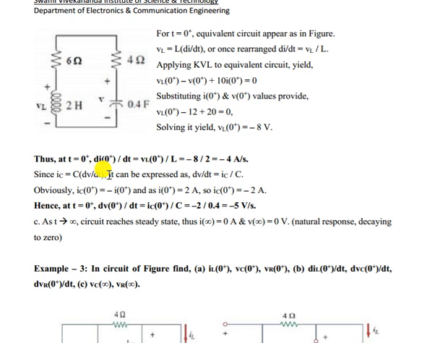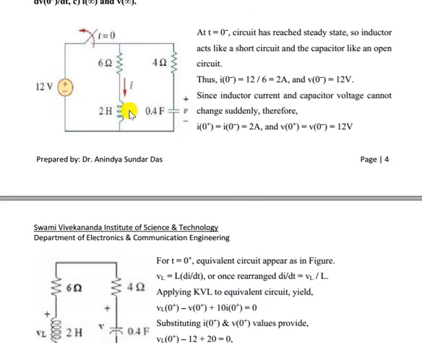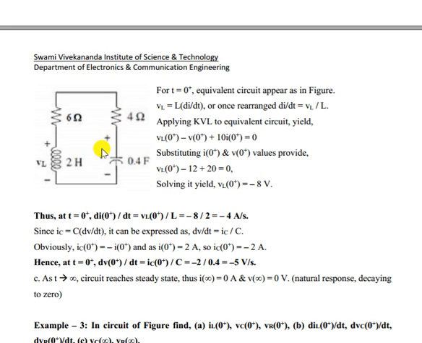Now IC is nothing but C dV/dt across through the capacitor. So dV/dt equal to IC by C. So we can find out IC 0 plus. Now this IC, previously this current was flowing this direction, but after switching, current goes opposite direction, so it will be minus I0 plus, so it will be minus 2 amp.